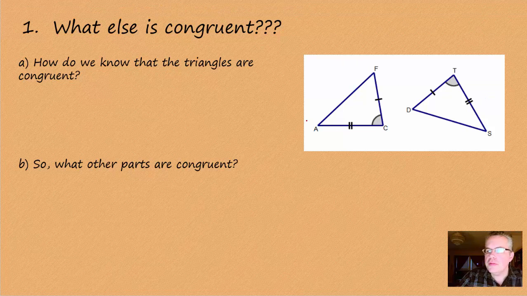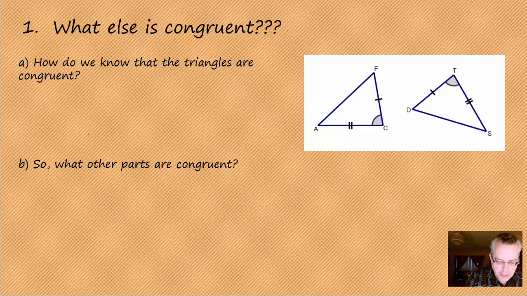Here we have two triangles, and we can tell they're congruent by side, angle, side. They have a pair of matching sides, a pair of matching angles, and another pair of matching sides. So our first question is, how do we know that the triangles are congruent? Well, side, angle, side. We're given everything in this problem.